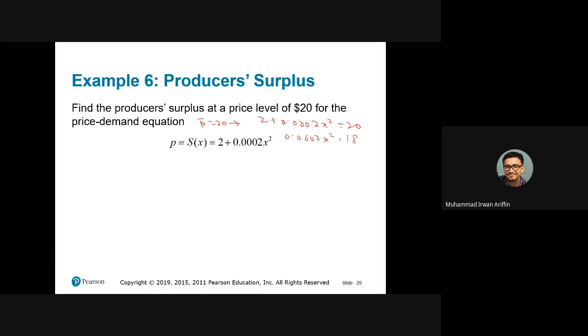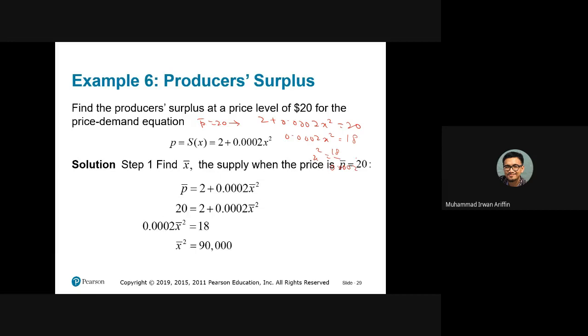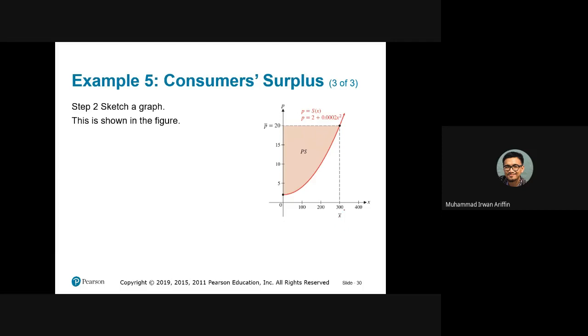So x squared equals 18 divided by 0.0002, which equals 90,000. Find the square root, and it would be 300. So based on this information, we know the upper limit is 300, from 0 to 300.